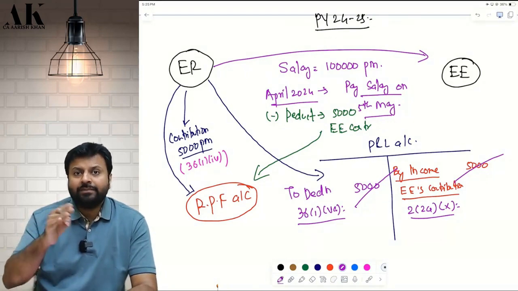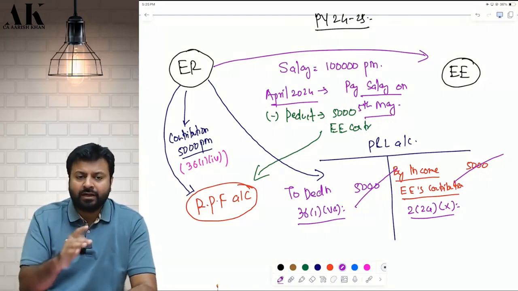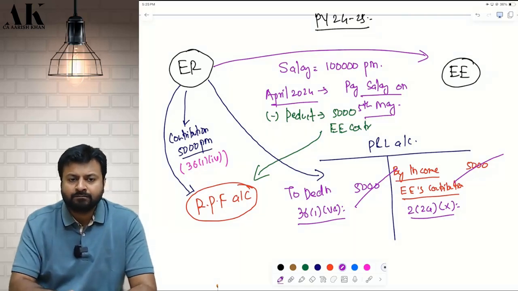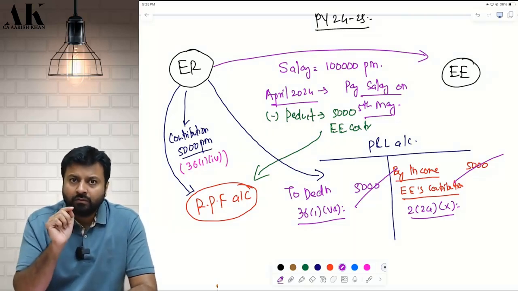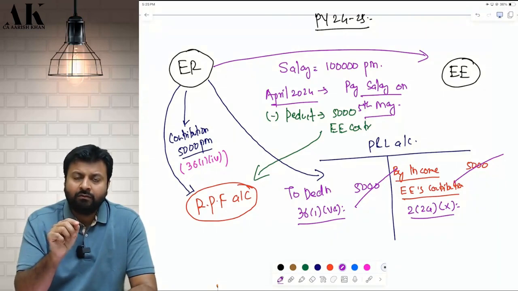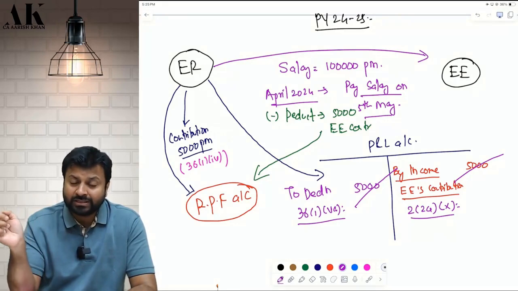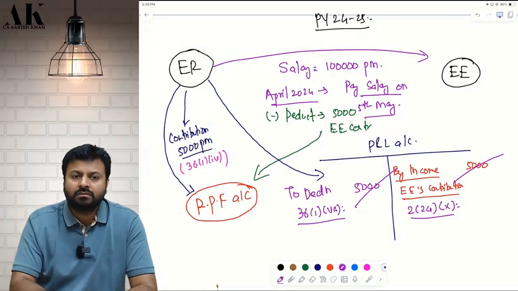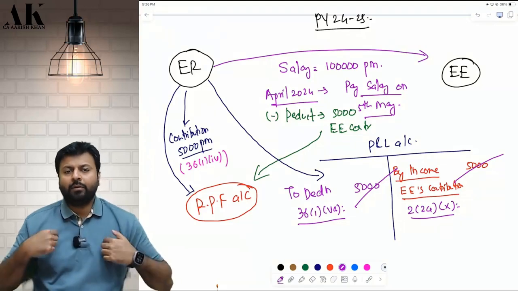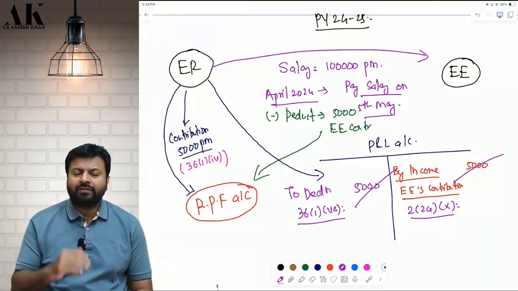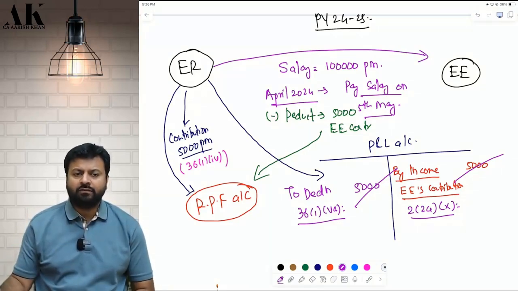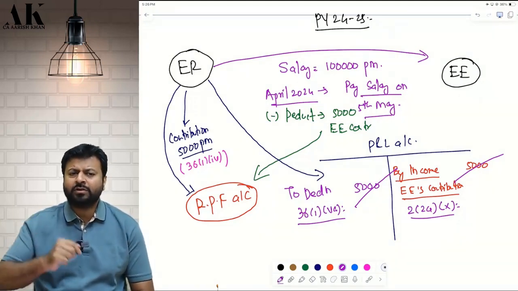So what is the logic behind first making an income and then claiming a deduction? The logic is very simple. The government wants the employer to be very proactive. If he is deducting the money of the employee from his salary, he should deposit that as soon as possible. Now please tell me, if you are an employer and on 5th of May, 5,000 rupees is becoming your income on deduction, will you be in a hurry or not to deposit that?